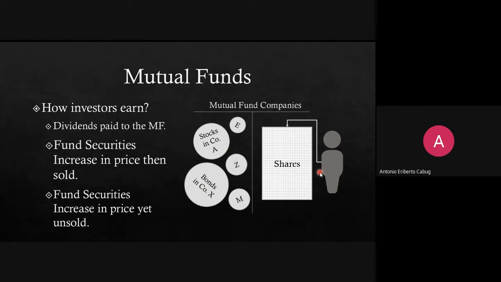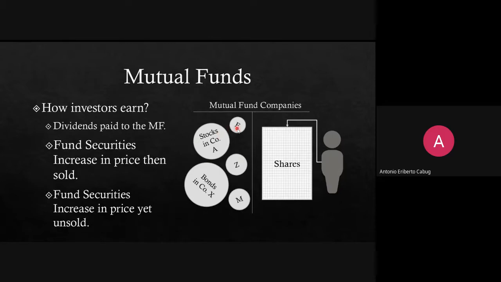The second way is when fund securities increase in price and then are sold. We call this realized gain. If the value of the stocks of company E went up, the mutual fund company can sell the stock. Ibebenta niya si E. When the stocks of company E are sold, ano mangyayari?